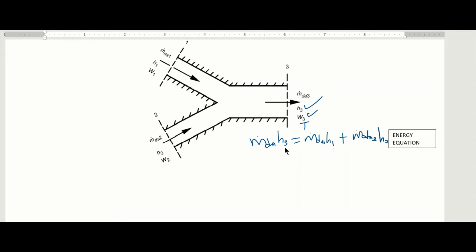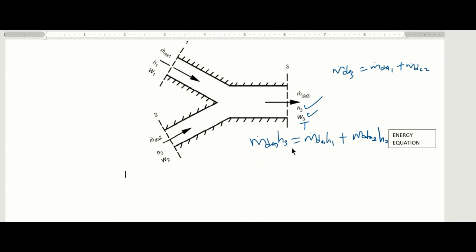So when we transpose this, please note that this is the mass flow rate at point 3, and you must note that the mass flow rate at point 3 must be equal to the mass flow rate at point 1 plus the mass flow rate at point 2.